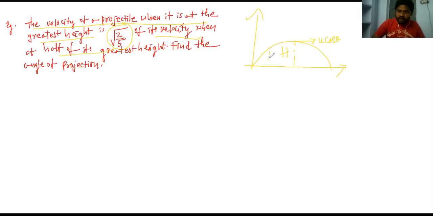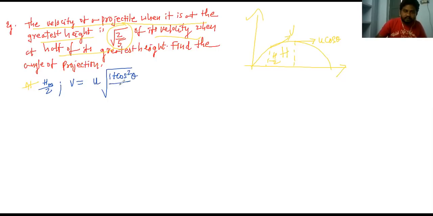At half of the greatest height, what is the velocity, my dear students? So at half of the greatest height, velocity is equal to u into square root of (1 plus cos square theta) by 2. In the last class we discussed about this.